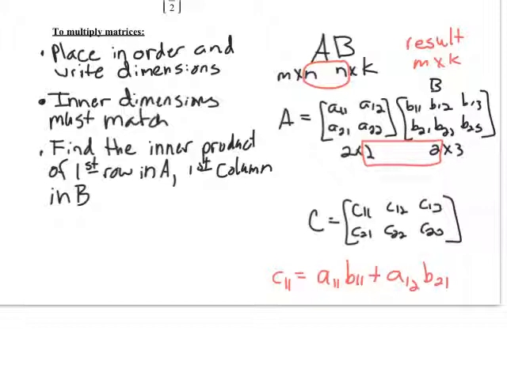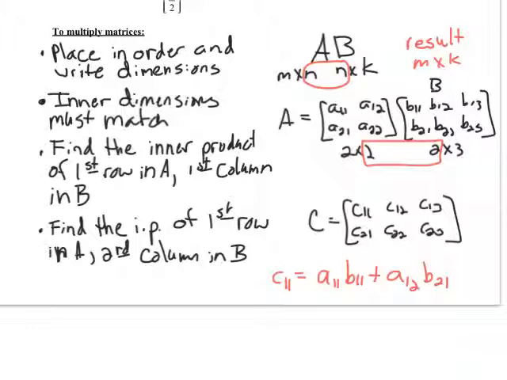Okay, and then once you get done with that one, you multiply the first row in A with the second column in B. So here we find the inner product of A11 B12 plus A12 B22.